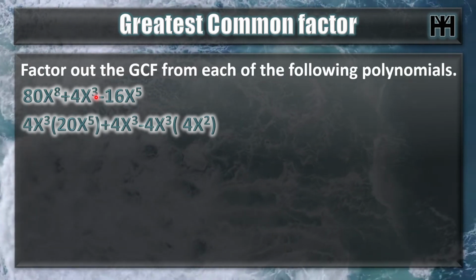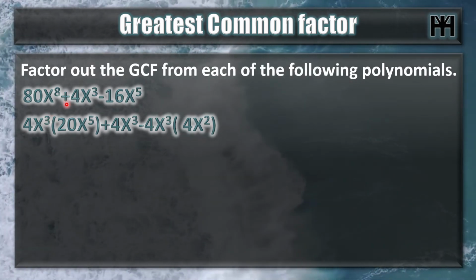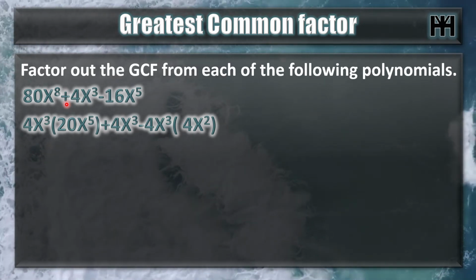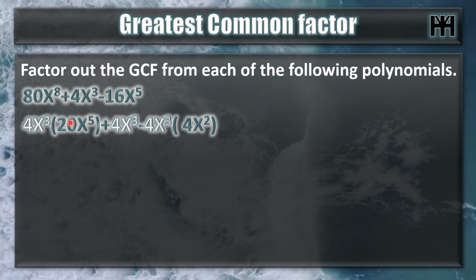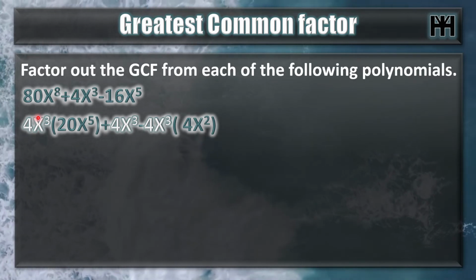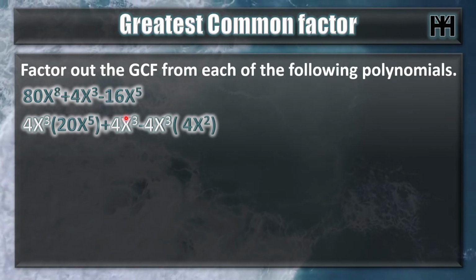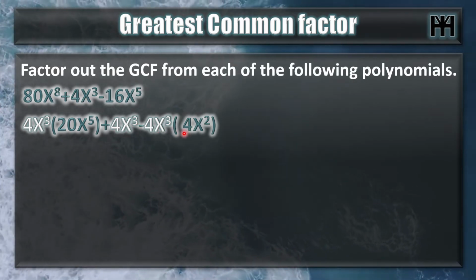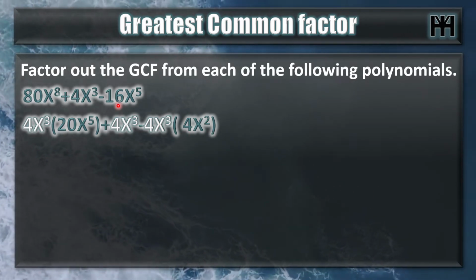And remember, when you take a common factor, it's as if you are dividing the numbers by this common factor. So 80x power 8 is equivalent to 4x cubed multiplied by 20x power 5, and 4x cubed is already there, minus 4x cubed multiply 4x squared, which is equivalent to 16x power 5.